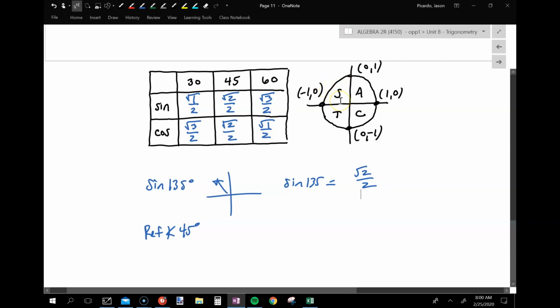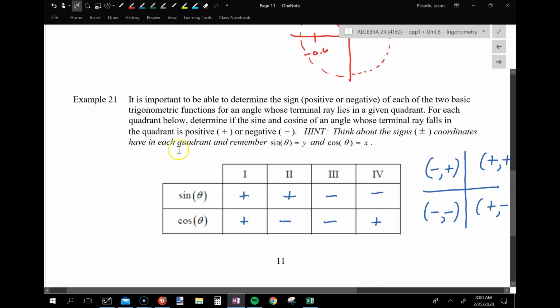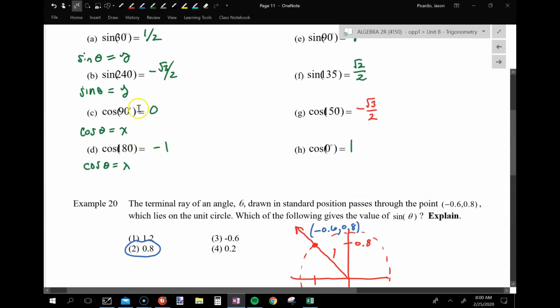What letter's there? An S. Guess what that means? It means sine is positive. Isn't that what we got when we did that problem?